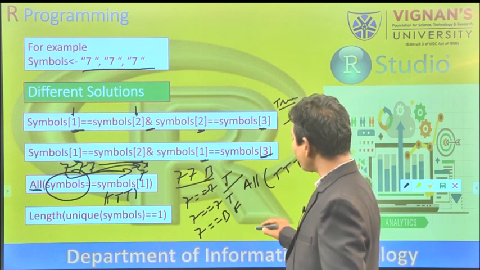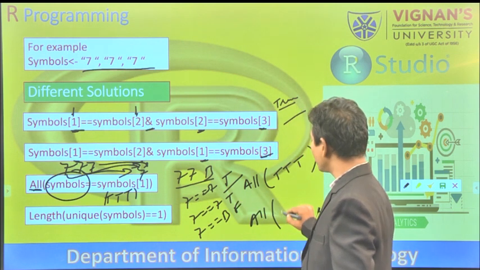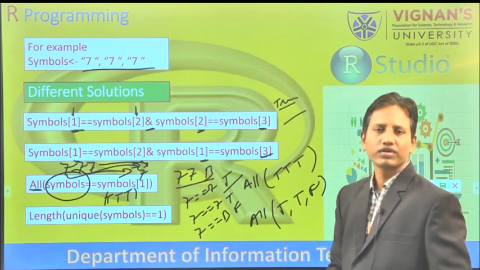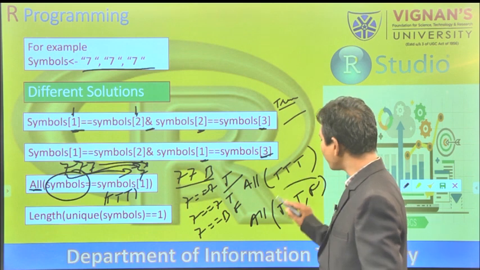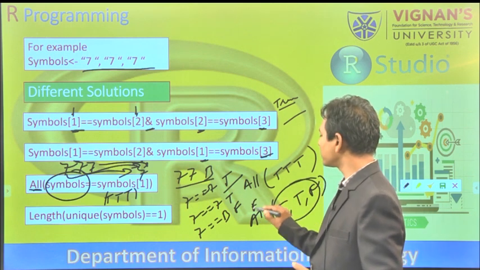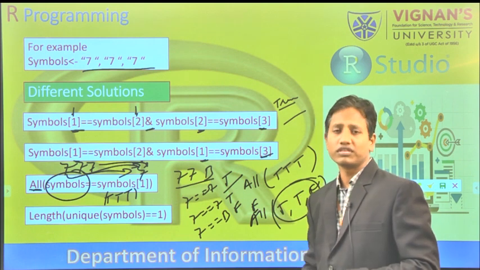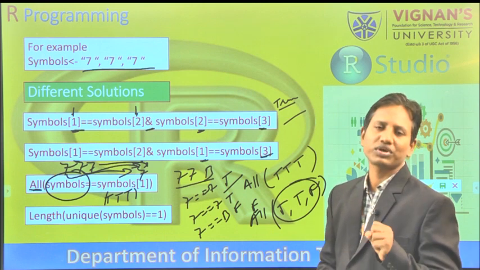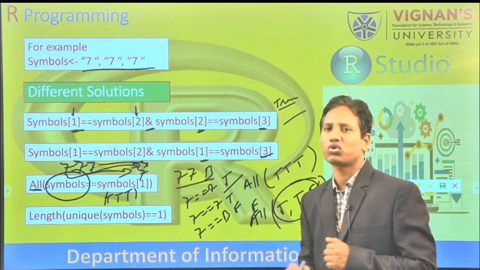So all gets true, true and false. Ultimately all values are not true, so it's going to return false. This is also one way to check whether all the symbols are the same or not.